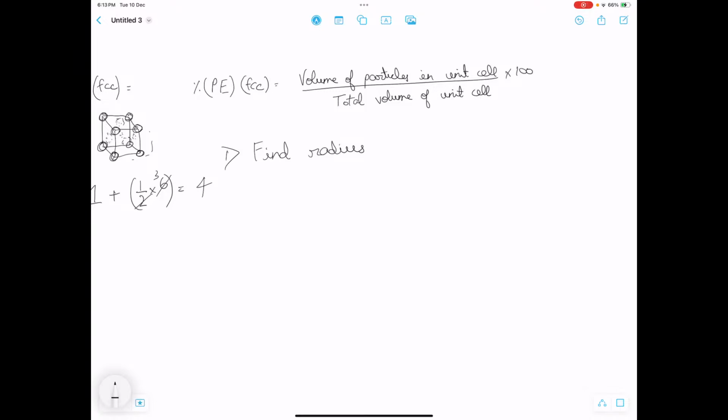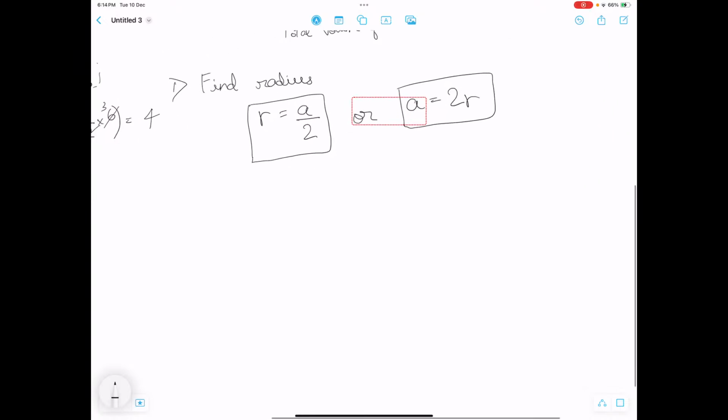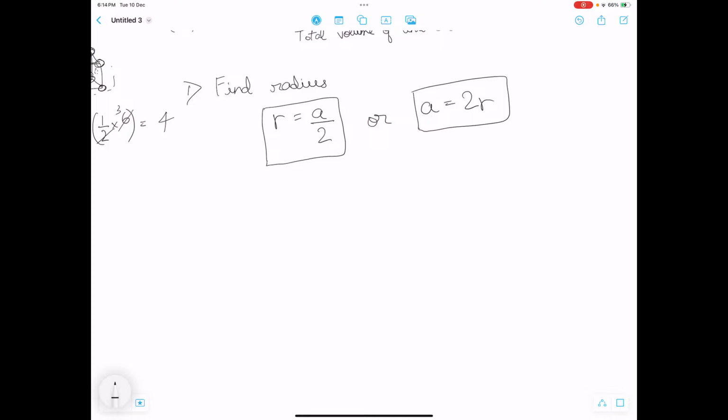I'll do it again, but the actual relation between radius and edge length is r is equal to a by 2, or a is equal to 2r. This is the radius and edge length comparison.